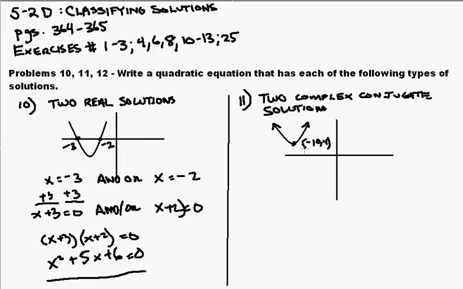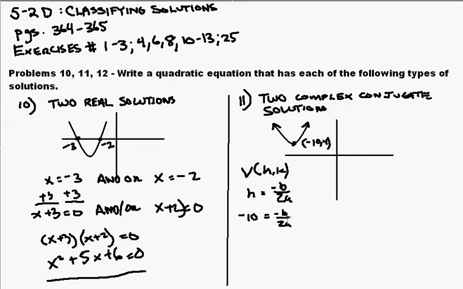Well, the first thing I would do is use the fact that the vertex is h comma k, and h is gotten by -b over 2a. So if I know my vertex has an x coordinate of -10, let's replace h with -10. -10 is equal to -b over 2a.